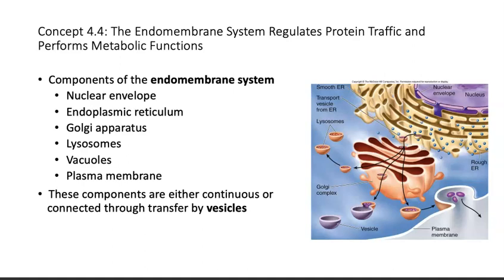I'm just going to list them here for you right now, and we'll go into details on them as we go along. So the first is the nuclear envelope. Remember, the nuclear envelope surrounds the DNA, but it's also considered to be part of the endomembrane system. We also have the endoplasmic reticulum, and there are a couple different kinds of endoplasmic reticulum.